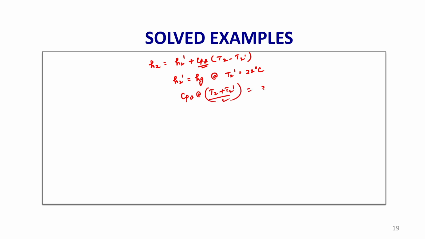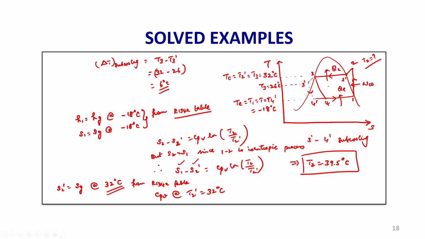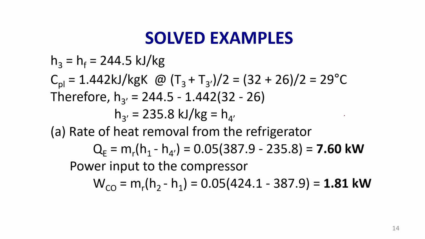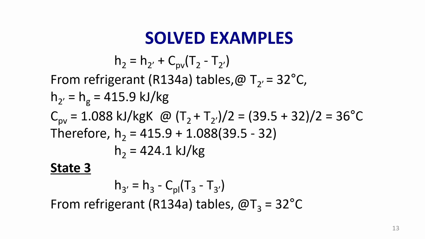Let me write it clearly. T2 is 39.5 plus T2 dash is 32, by 2. This is approximately 36 degree centigrade. So, we have to take the value corresponding to 36. I am taking the Cp of gas as 1.088, and that is what I have substituted here.